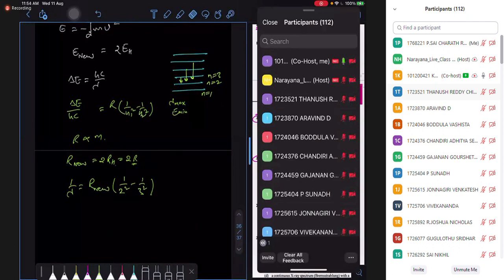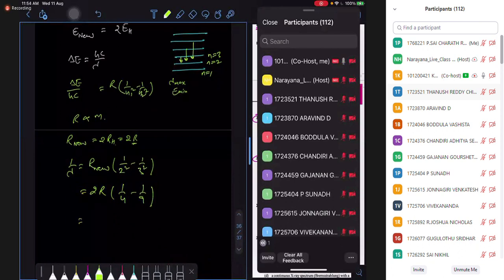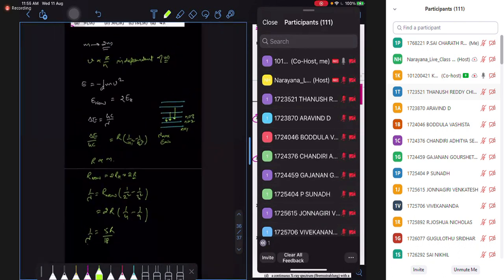For lambda maximum, we are making a transition from 3 to 2. The new R value is double that of hydrogen, so you take 1 by 4 minus 1 by 9, which will be 5 by 36. Good, I hope you understand the point.